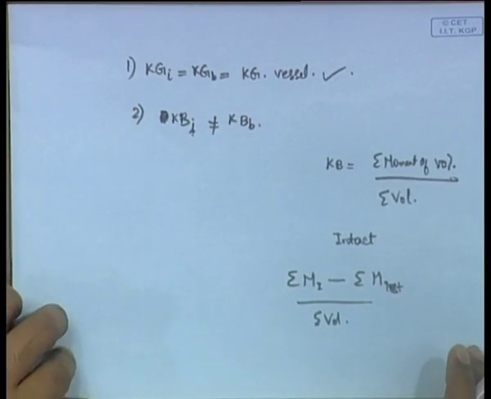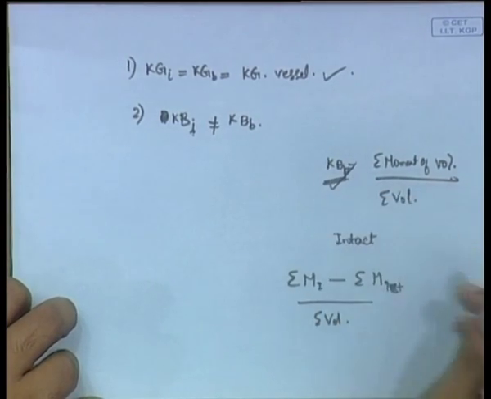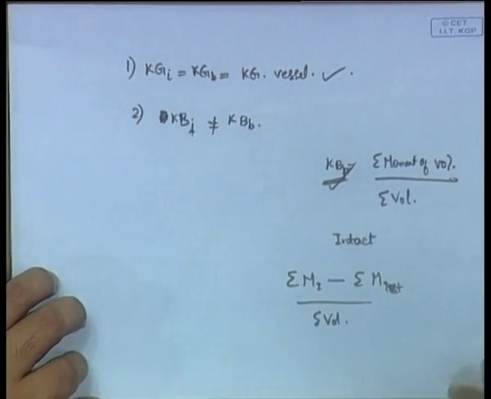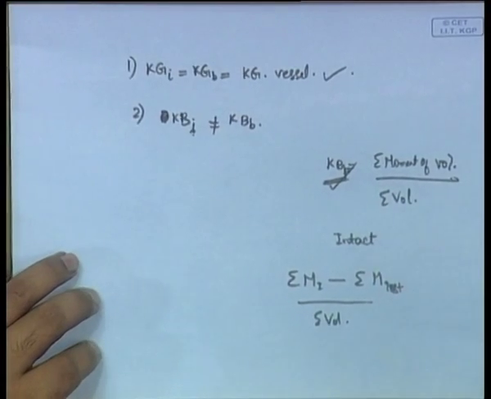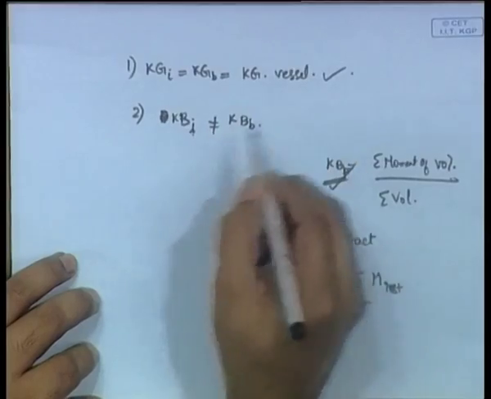This will give you the KB for the bilged condition, which is the distance of the center of buoyancy from the keel. That will be different in your bilged and intact conditions, because the underwater volumes are different. So, KB will be different.